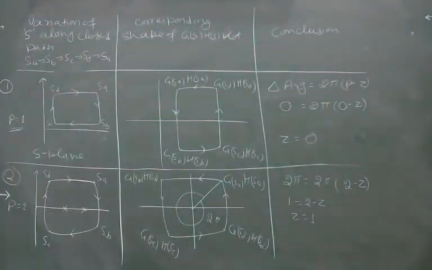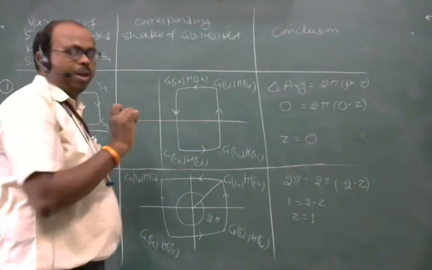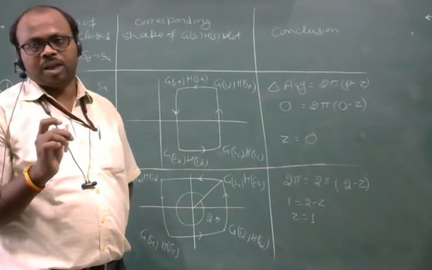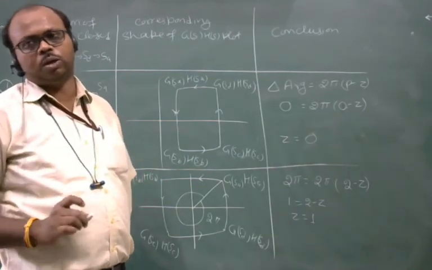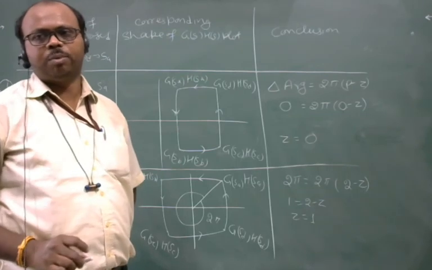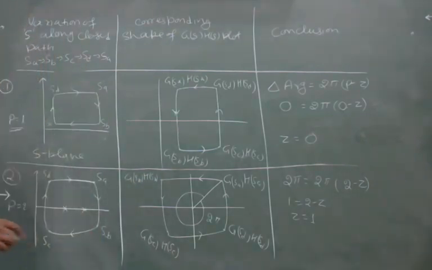It means if there is neither pole nor zero inside the closed path in the s plane, in the GsHs plane there will be no encirclement around the origin.